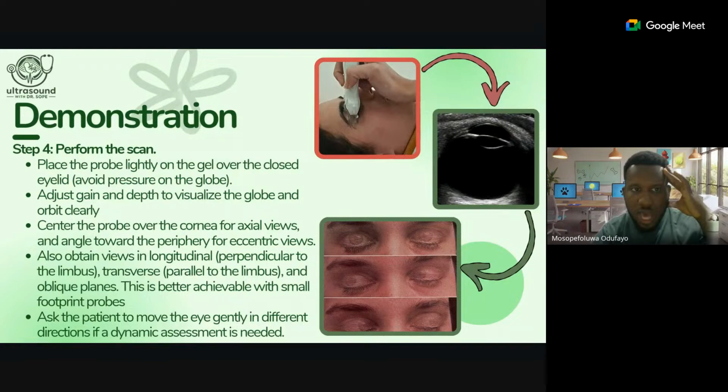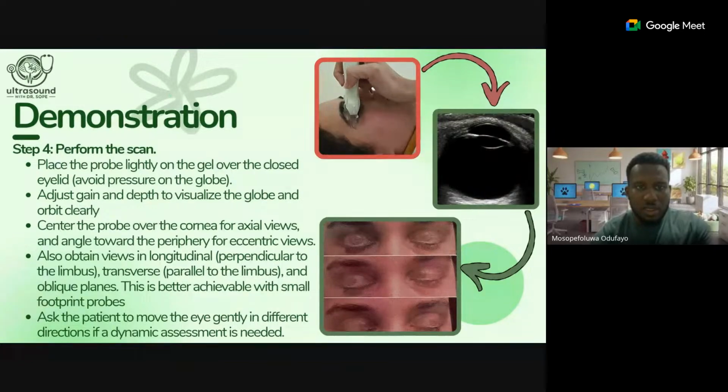Adjust the gain; the orbit will be seen very clearly. You're supposed to adjust your settings properly. Then center the probe over the periphery for eccentric views.